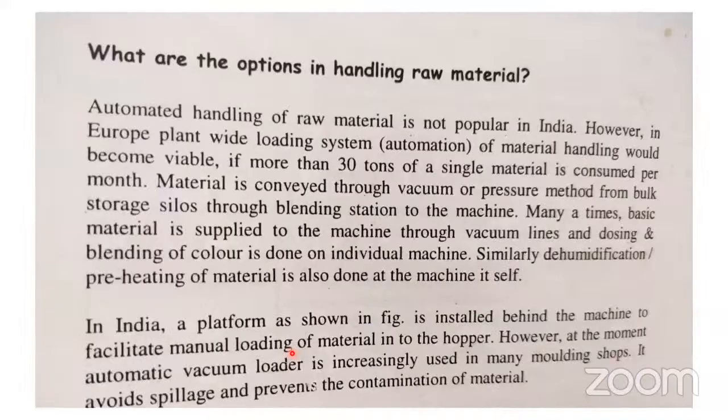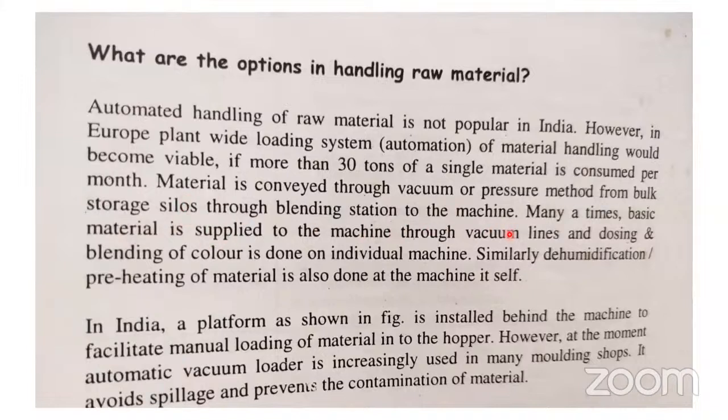Now, friend, in handling raw material, some operations are there. Nowadays the robot is there. If you see in European countries, the loading system is automated, with material handling machines, even where more than 30 tons of a single material is consumed per month. Material is conveyed through vacuum or pressure methods from bulk storage silos through a blending station to the machine.